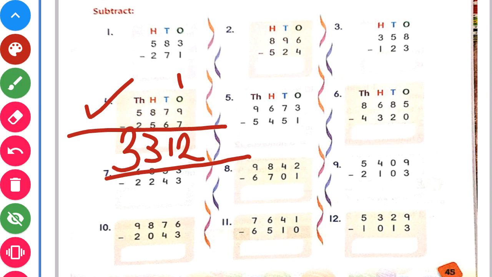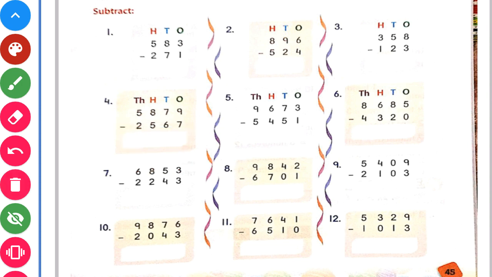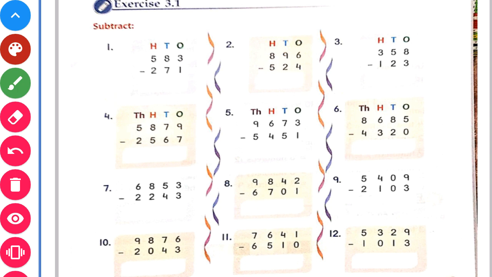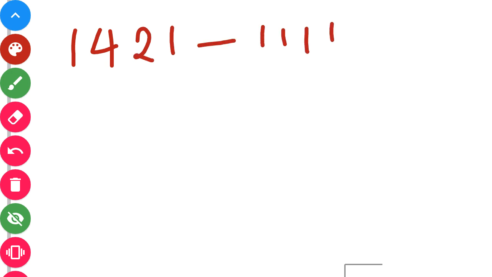Okay kids. So now the concept of subtraction without regrouping is clear to you all. Now I would like to tell you one more thing. Suppose numbers are given like this: 1421 minus 1111.